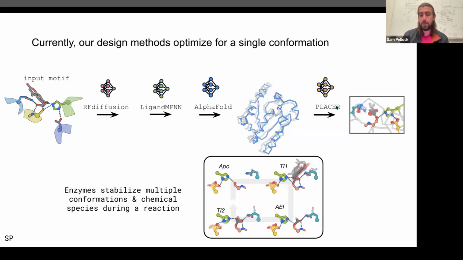And then when we were doing these Placer filtering things at the time, we were also doing that for the apo enzyme. And so could we incorporate some of these other states in that filtering step?